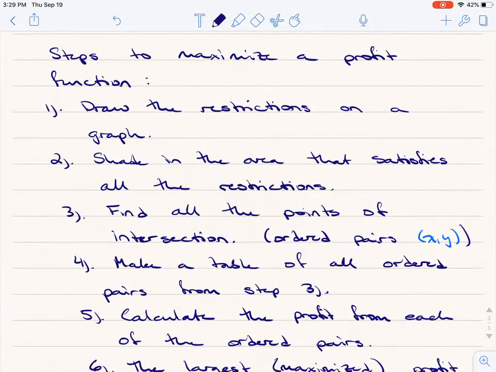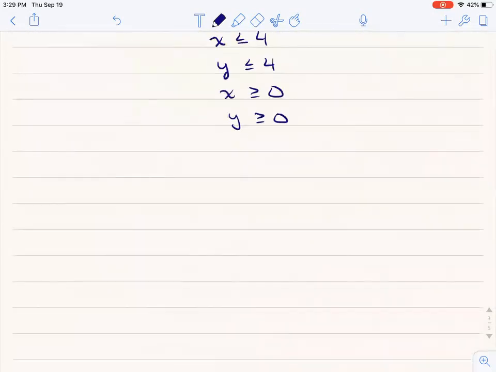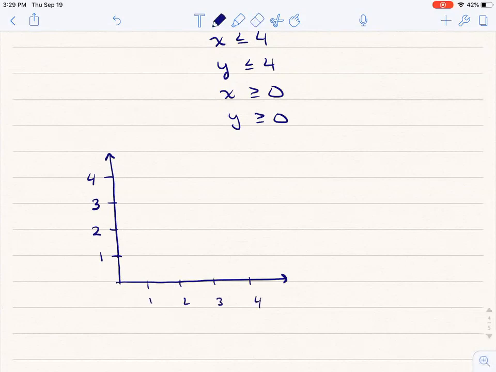Okay? So let's do that. So on a test, of course, I would give you these axes. Say 1, 2, 3, 4, 1, 2.